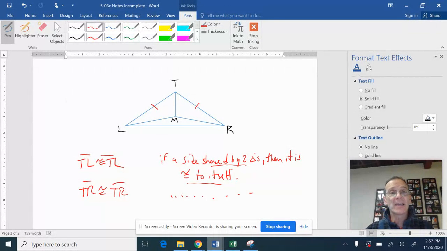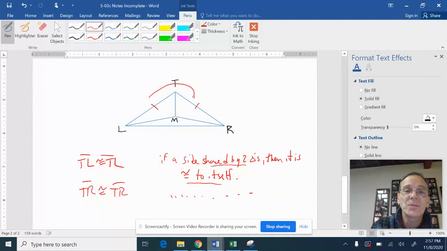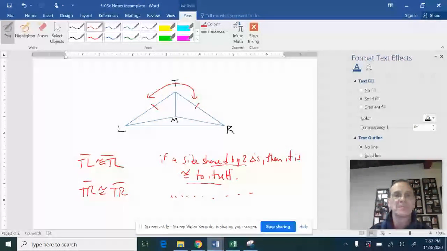And now, guess what these students think they have proven? They think now that they have proven that these two segments are congruent to each other. I see that all the time. Try not to make that mistake.